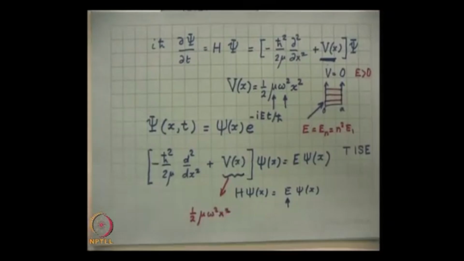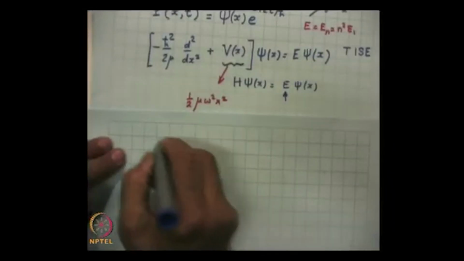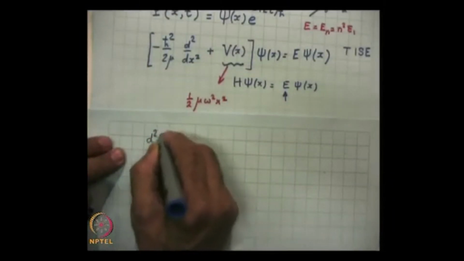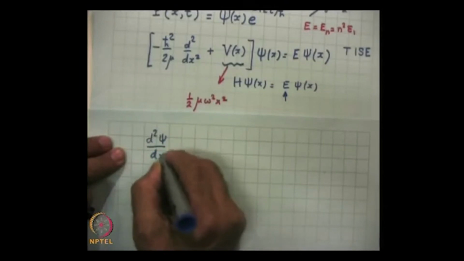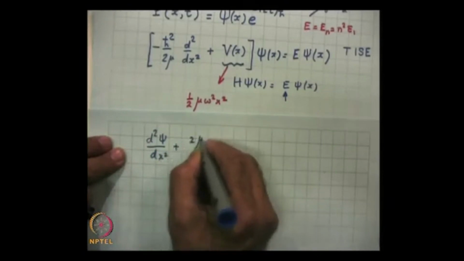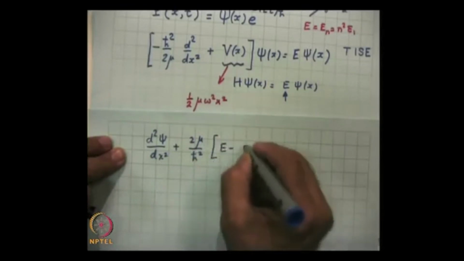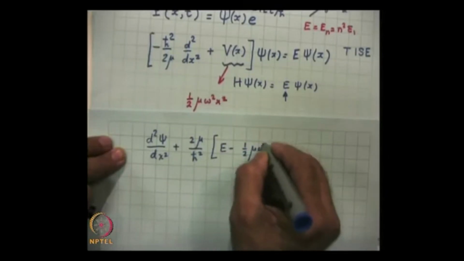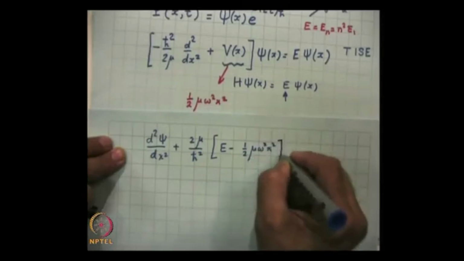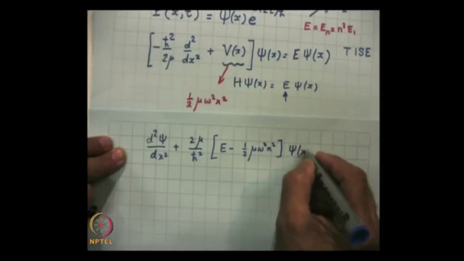So, we rewrite this equation for V of x equal to half m omega square x square, and if we do that, we will have d2 psi by dx square plus 2 mu by h cross square, E minus half mu omega square x square, psi of x is equal to 0.